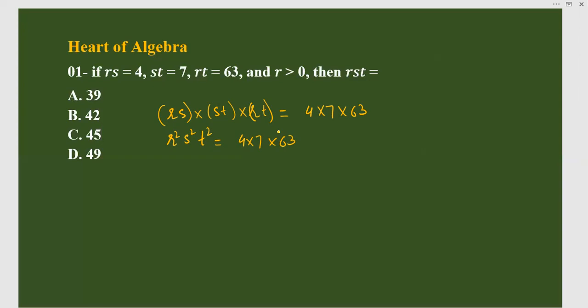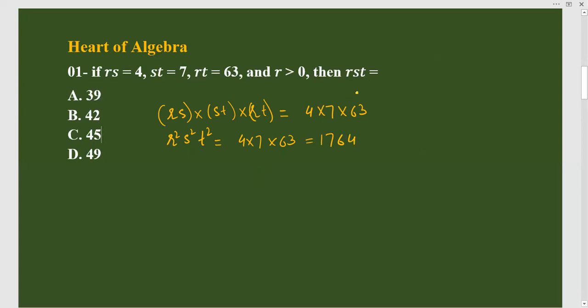So you will solve it and you will get around 4 into 7, 28 into 63, which is around 1764.